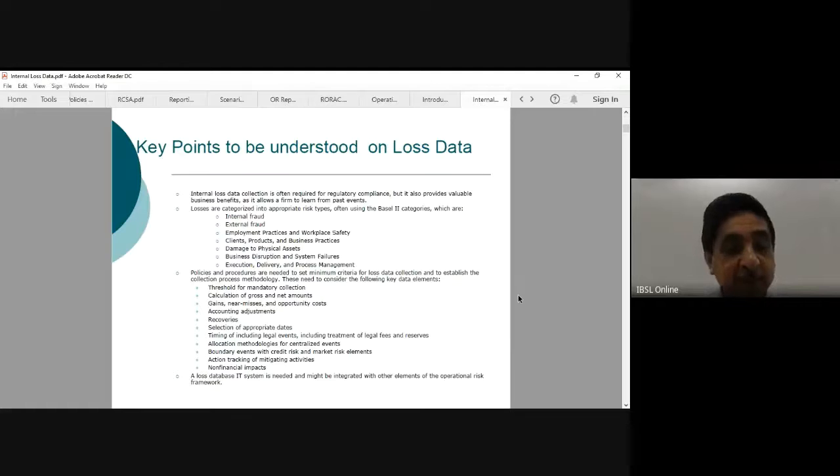And the database should be arranged through IT, and those things to be integrated with the operational risk framework. Now, all of you should go through this and get an idea about what this loss data is, and how to manage and maintain a database.